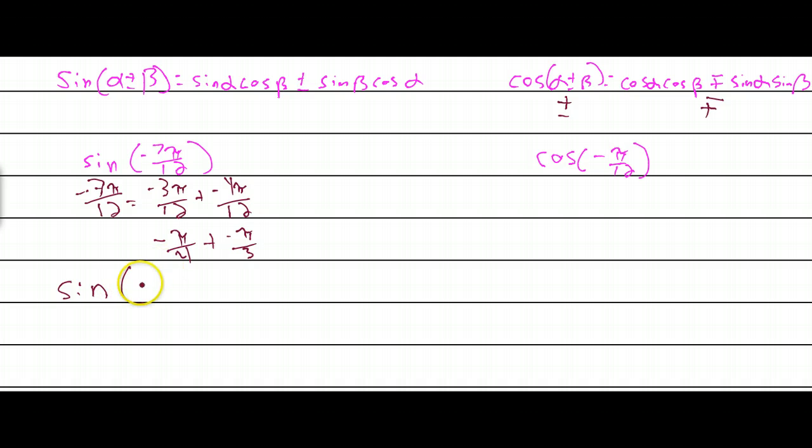So we have sine of negative π over 4 plus negative π over 3. Alright?